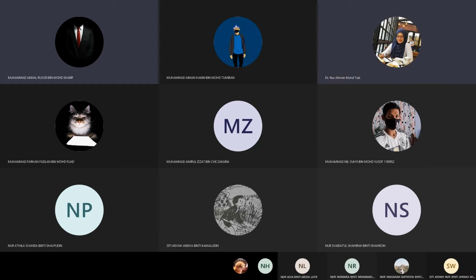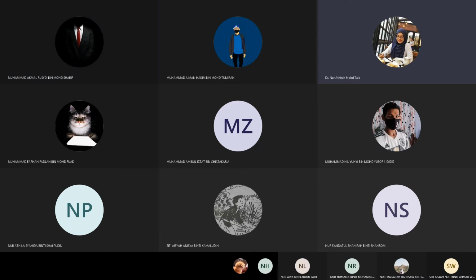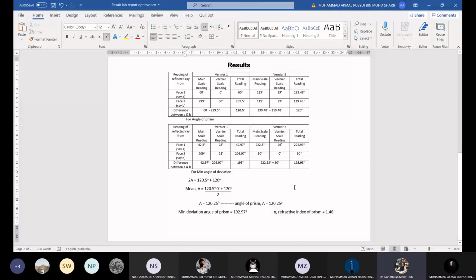Sekejap, siapa yang Akmal tunjuk tadi? Okay, so basically your objective, first one, find the refractive index. Okay. Angle of prism. Cari apa lagi?